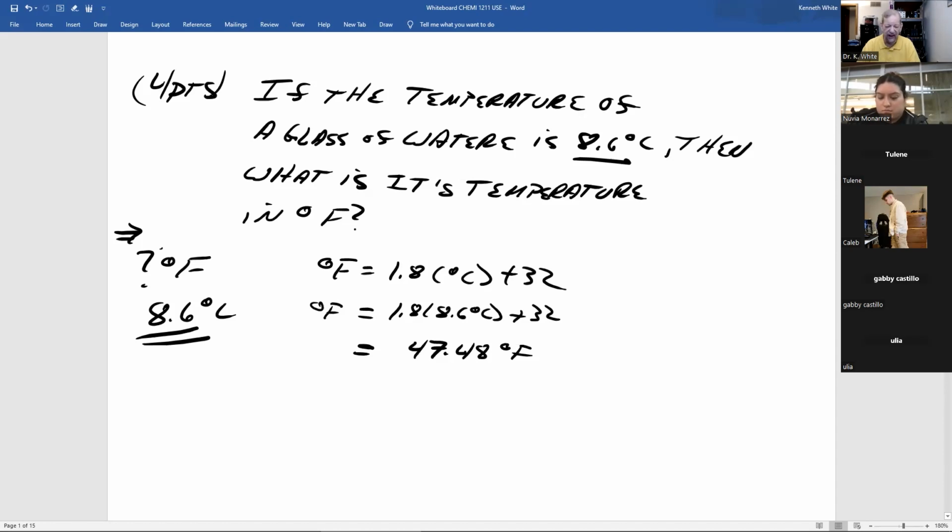Let me look at the chat. Oh, wow, someone else agreed with me. All right. And that's how you do it. Is everybody clear on that? You use this formula to convert from degrees C to degrees F.